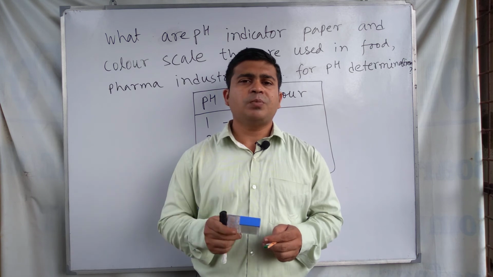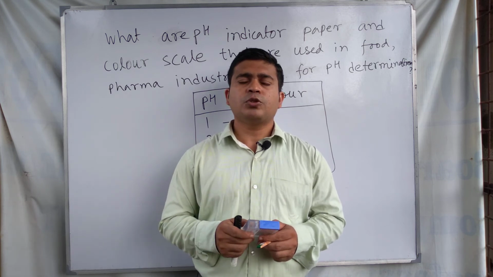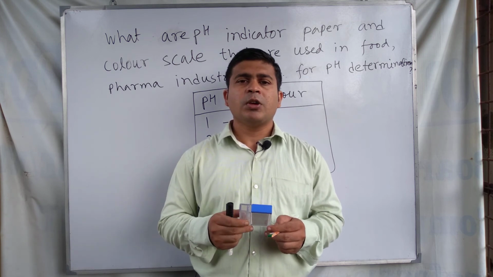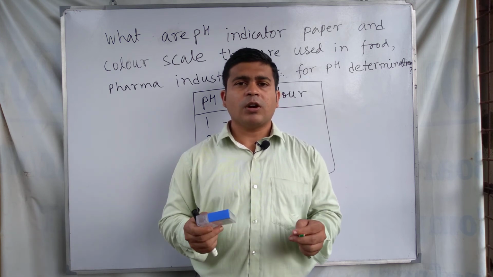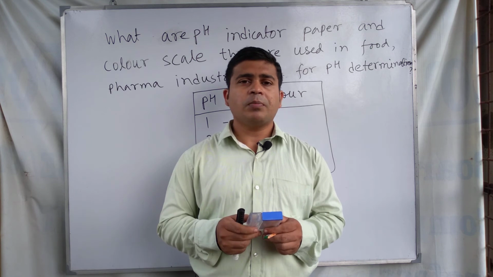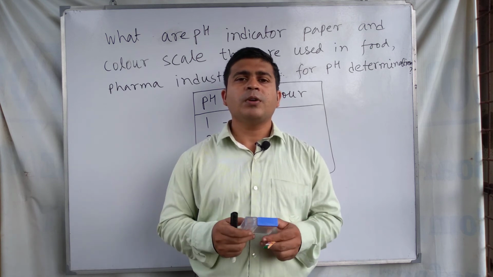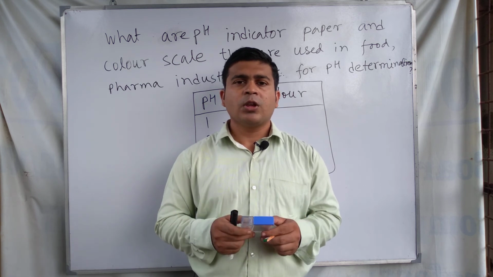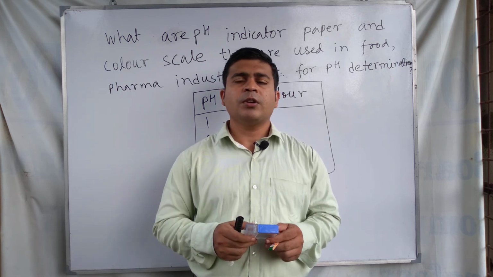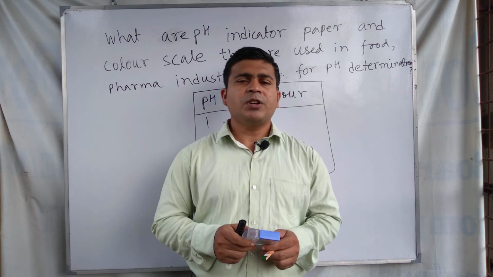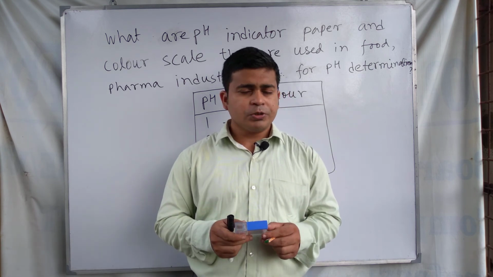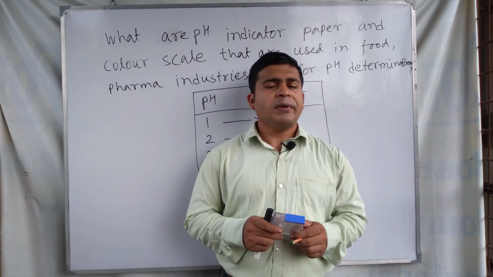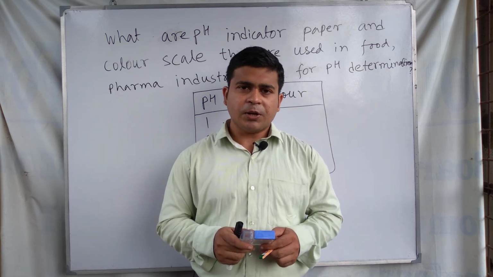You can buy it from any laboratory supply store, and it is cheap, not costly. So for pH determination you can use this pH indicator paper and its color scale to measure the pH of the desired substance.